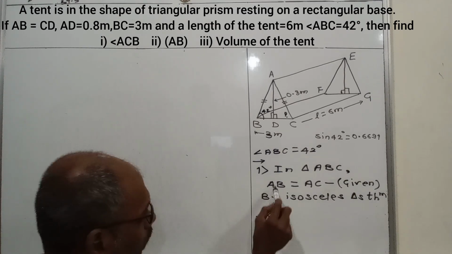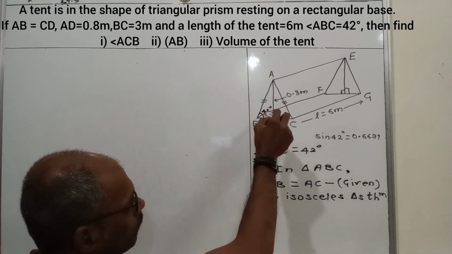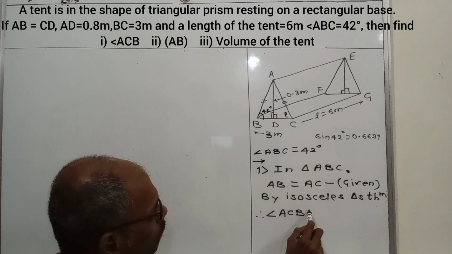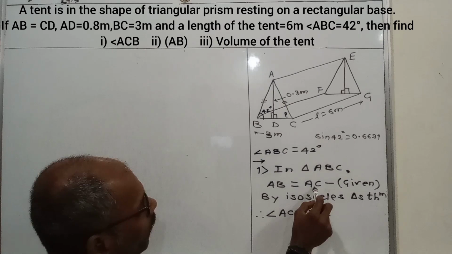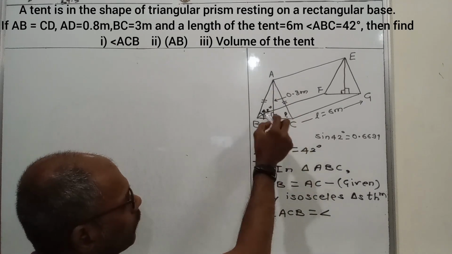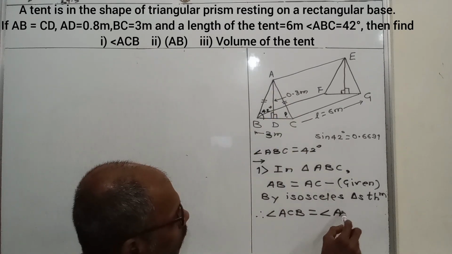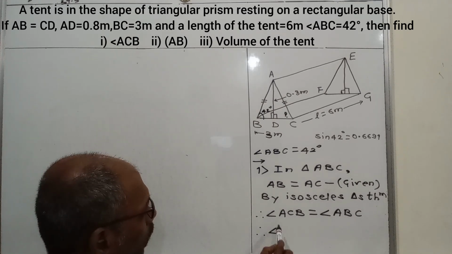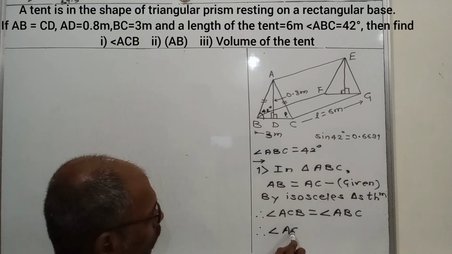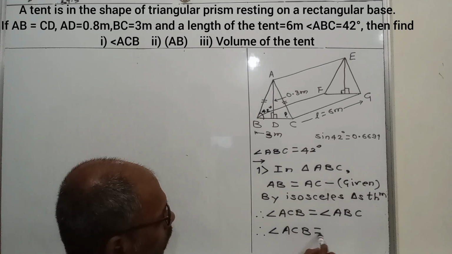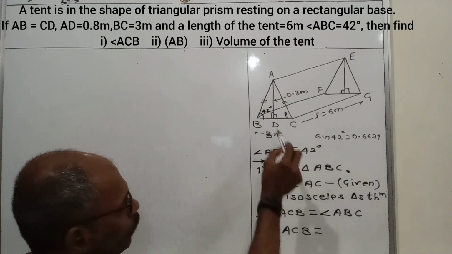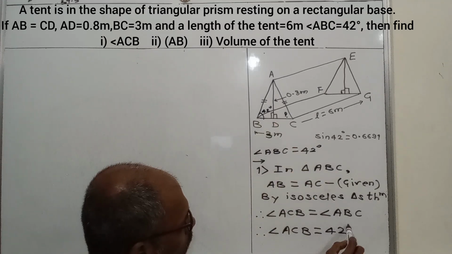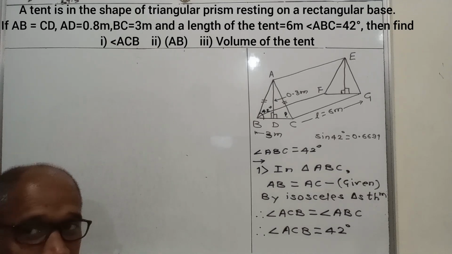Therefore, the angle opposite to side AB is angle C, and the angle opposite to side AC is angle B. Therefore, the measure of angle ACB is equal to the measure of angle ABC, which is 42 degree. This is our first answer.